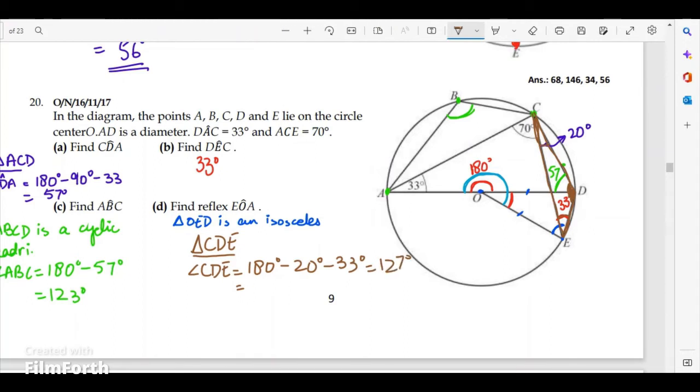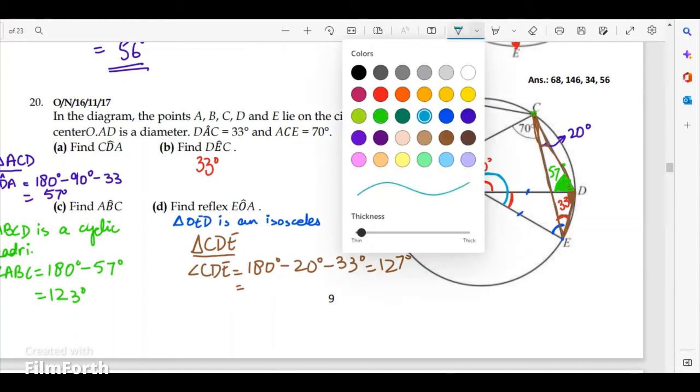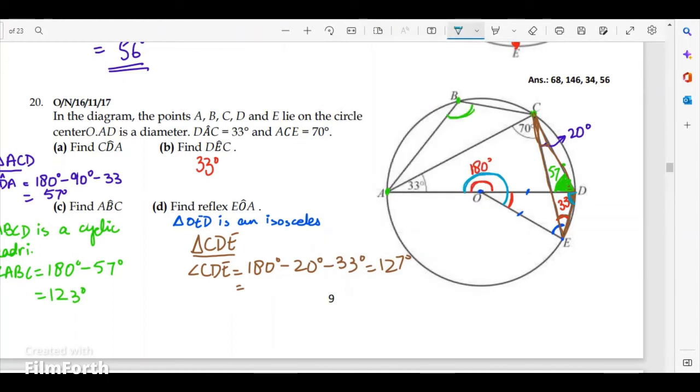So this complete angle is 127 degrees. And out of this 127 degrees, it is highlighted with green that this bit is 57 degrees. So if I take away this 57 degrees from 127 degrees, what I would get is this lower part of it, the part that is inside the triangle OED.